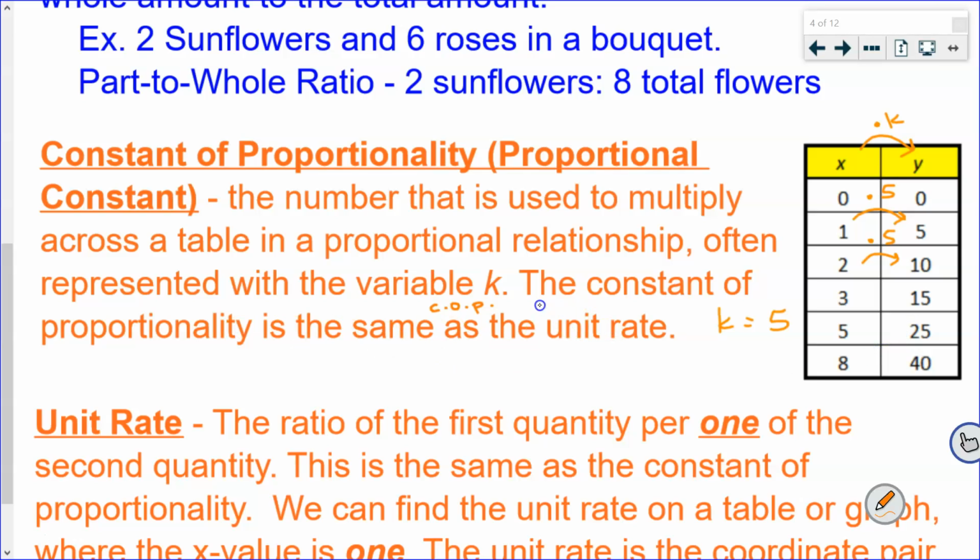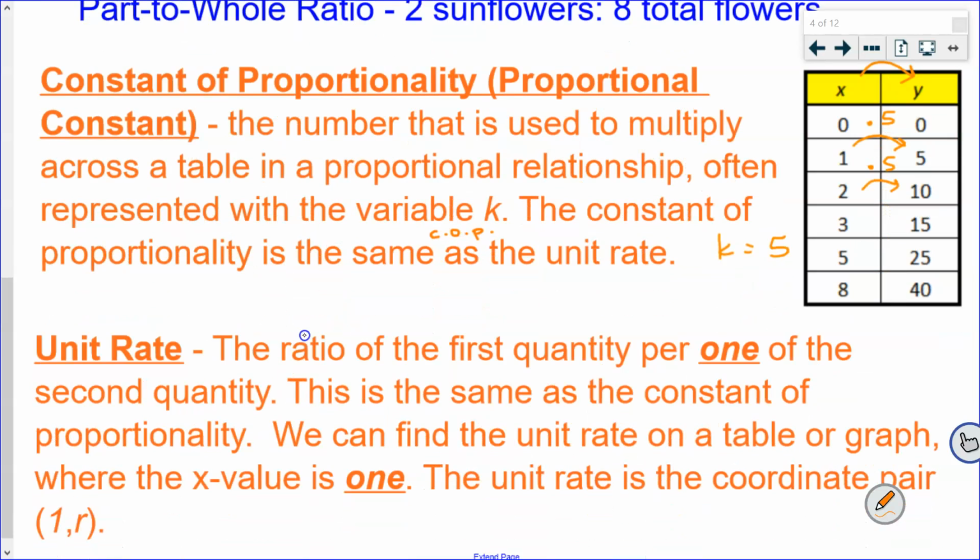And it tells us here at the end that the constant of proportionality is the same as the unit rate. And the unit rate is handled just a little bit differently. It's a ratio of the first quantity per 1 of the second quantity. It is the same as the constant of proportionality, but we look at it a little bit differently.